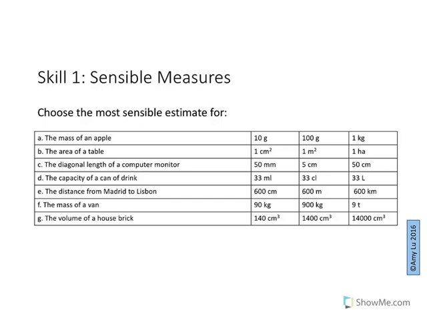So let's go ahead and take a look at this first skill, sensible measures. What we have to do is when we think about objects or when we think about space, we have to have an idea of what a sensible measure means. So for example, if I were to measure my fingernail, I would not use units of kilometers because that's just too big. Kilometers represent distances you're traveling across from one city to another.